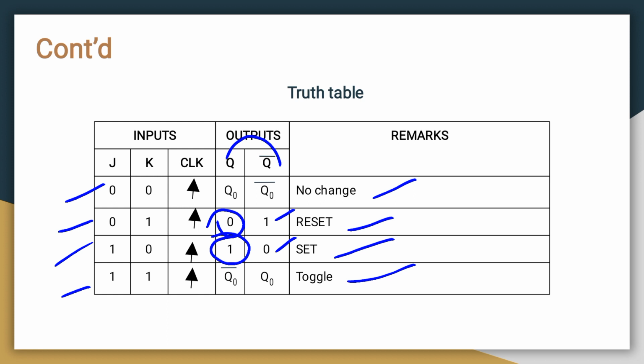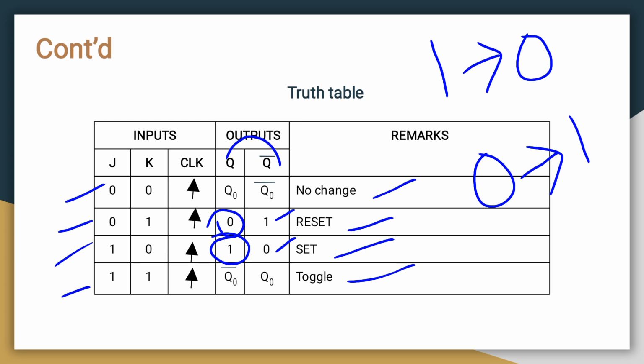I repeat, if the present state is 1, then according to the input and clock, the 1 is toggled to 0. Clear? If the present state is 0, it will toggle to 1. Toggle means nothing but it has to change the values from 1 to 0 and 0 to 1. So this is about the JK flip-flop.